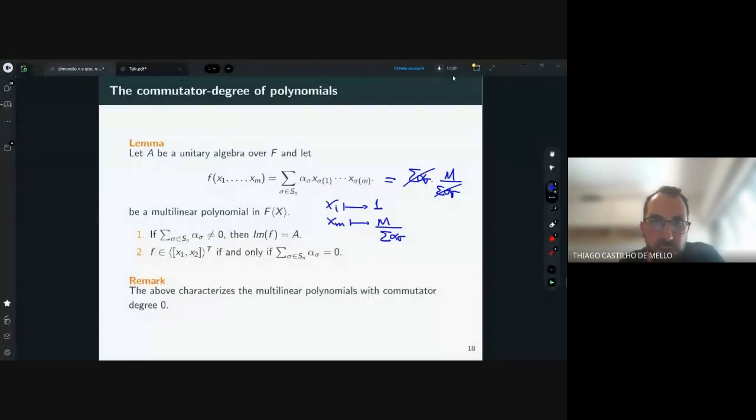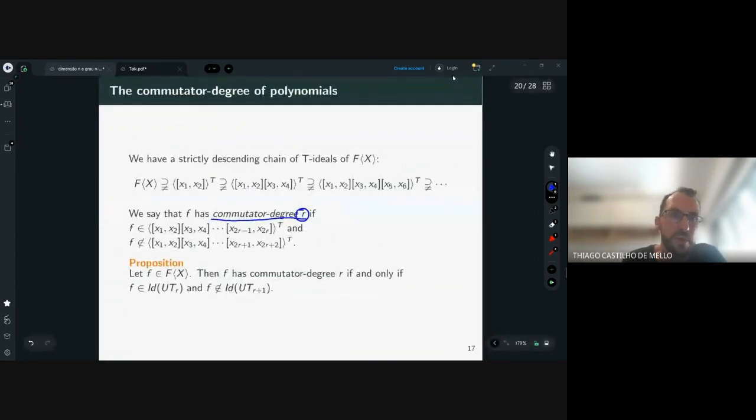And if the sum of the coefficients is 0, we can show that this is equivalent to saying that f is a polynomial which is in the T-ideal generated by the commutator. If we recall the definition of commutator degree, this condition 2 here is just giving a characterization of polynomials of commutator degree 0. I mean, polynomials which are here and are not here.